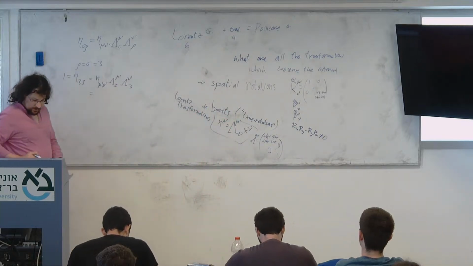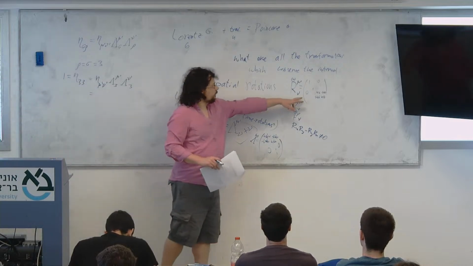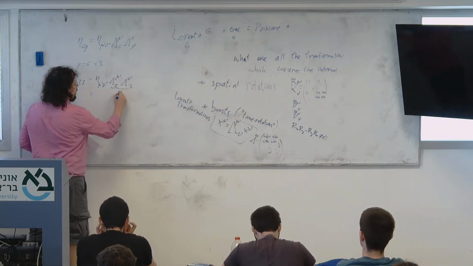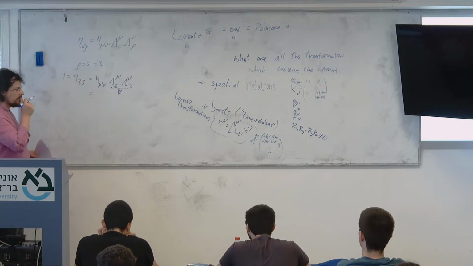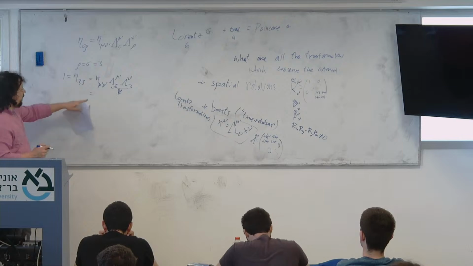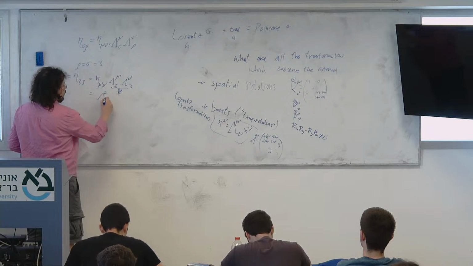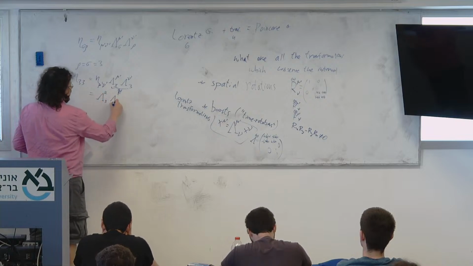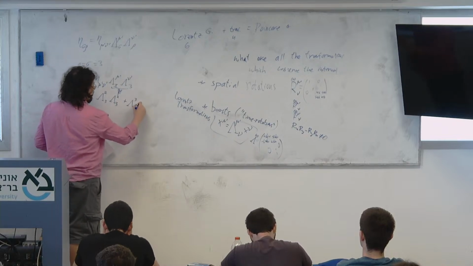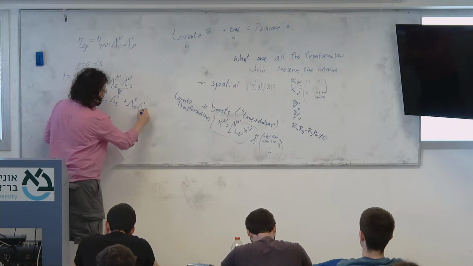Now I'm, for example, looking at this rotation, Rx, and it appears twice. So this is diagonal, so I'm going to have lambda 2,3 times lambda 2,3 plus lambda 3,3 times lambda 3,3.